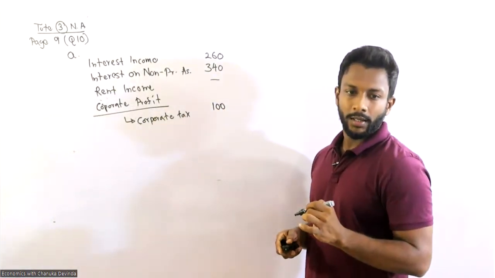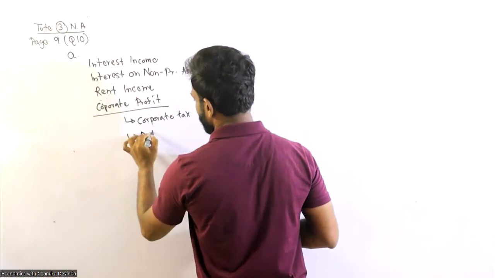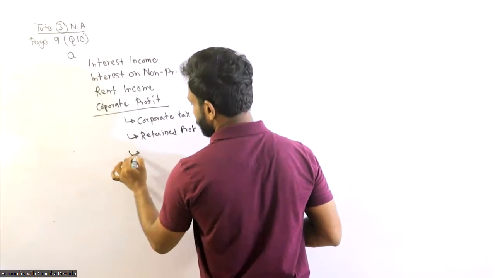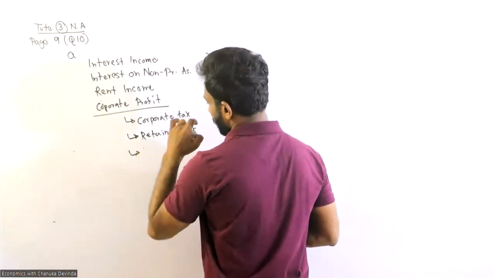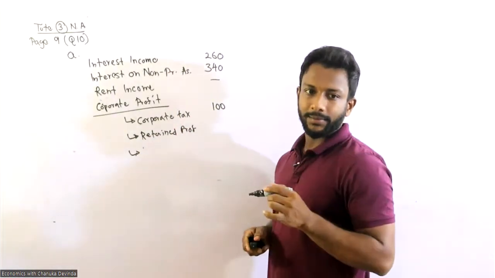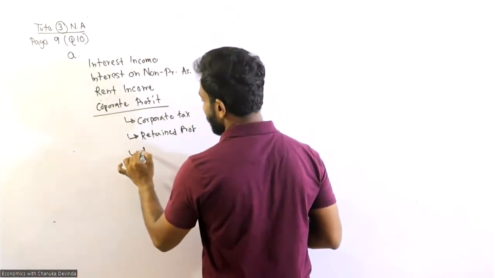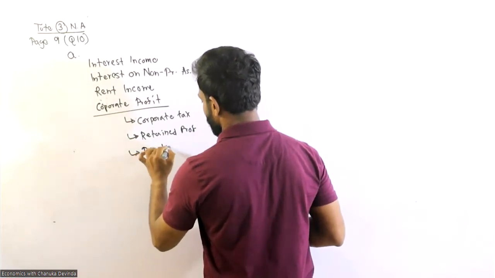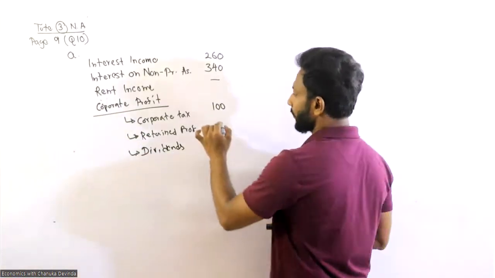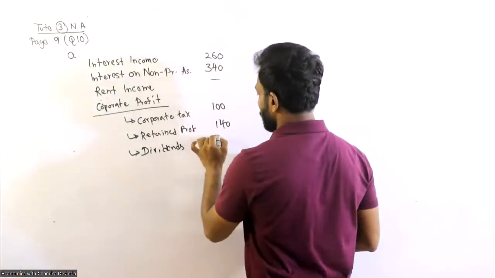And retained profit is also there. So corporate tax, retained profit, and the profit that has been distributed, that means dividends. Retained profit is 140. Dividends are 120.